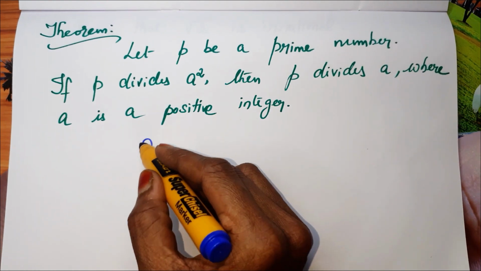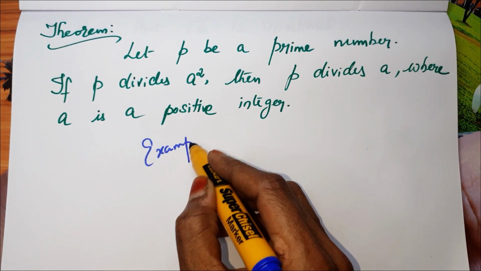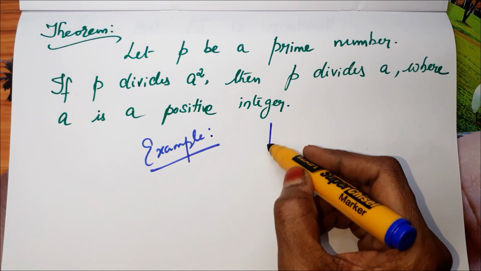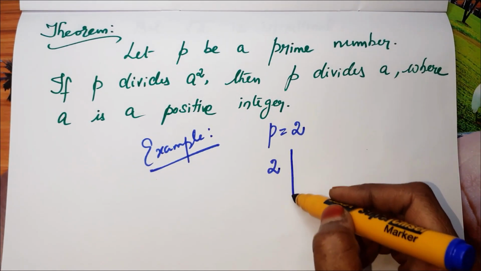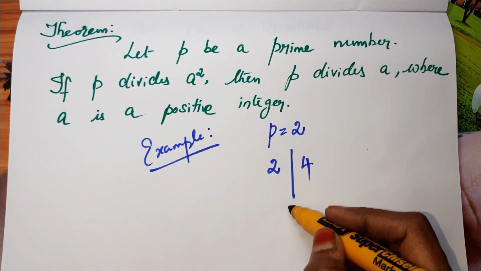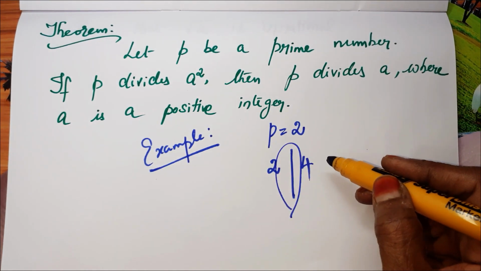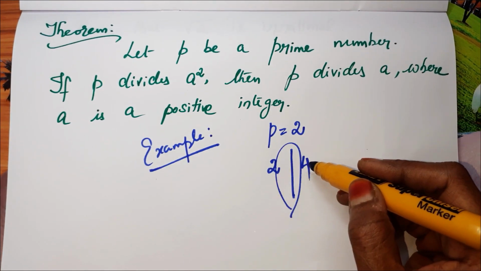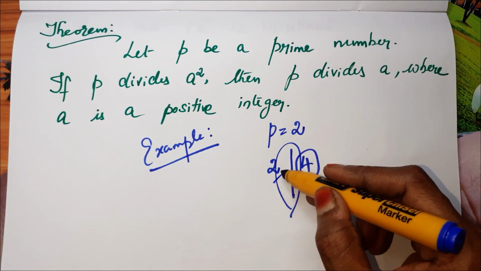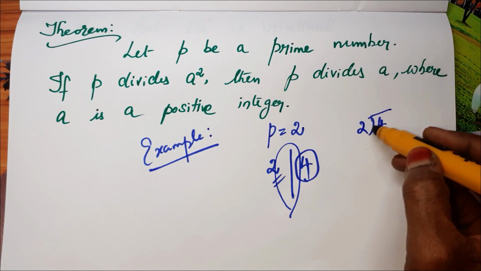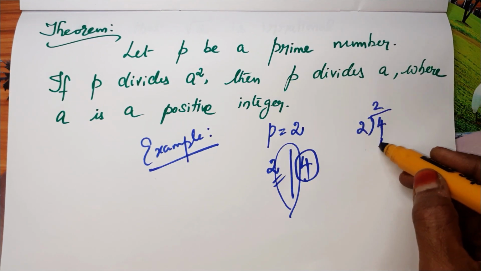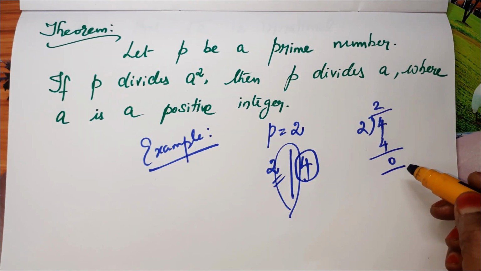For example, p is a prime number, so I am taking p as 2. This 2 divides 4. Am I right? This symbol denotes divides. 2 divides 4 means 4 can be divided by 2 without any remainder. That is, when we divide 4 by 2, 2 2s are 4, and the remainder we get is 0.